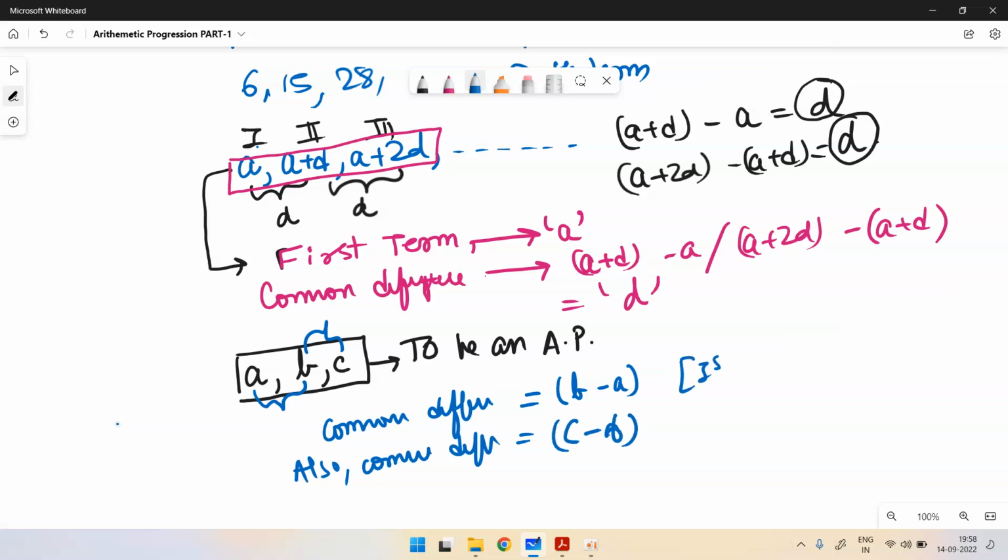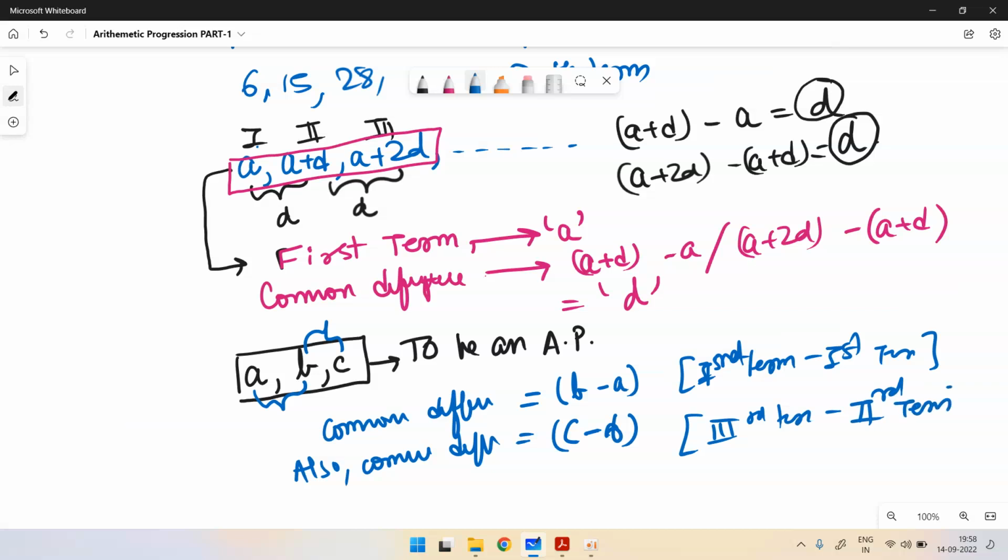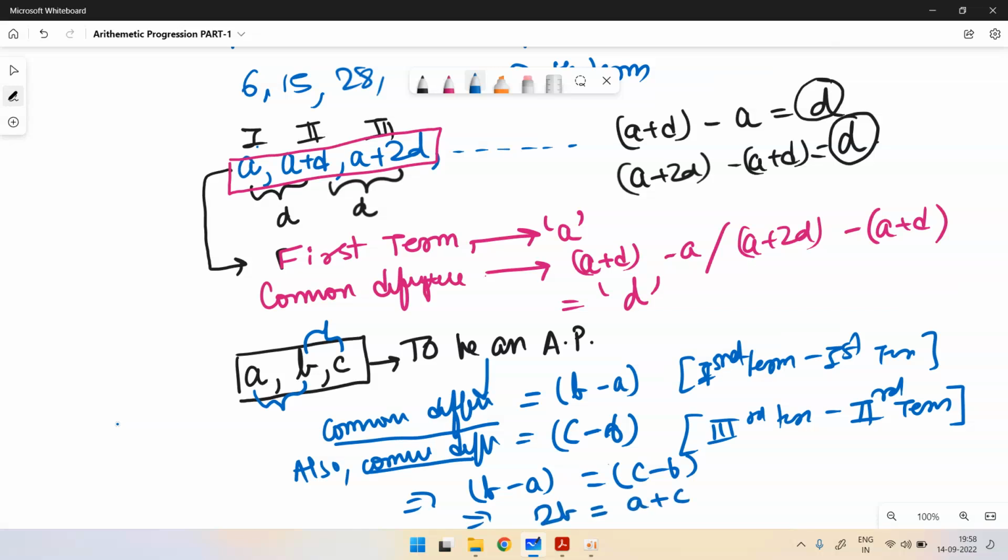That is, B minus A, and C minus B. You cannot do third term minus first term because the terms need to be consecutive. Since this needs to be an AP, these common differences will be equal, which implies that B minus A must equal C minus B. From here you can see that if you take B to this side and A to the other, 2B equals A plus C.